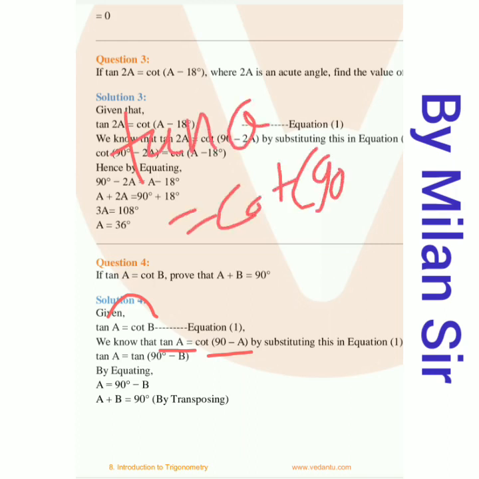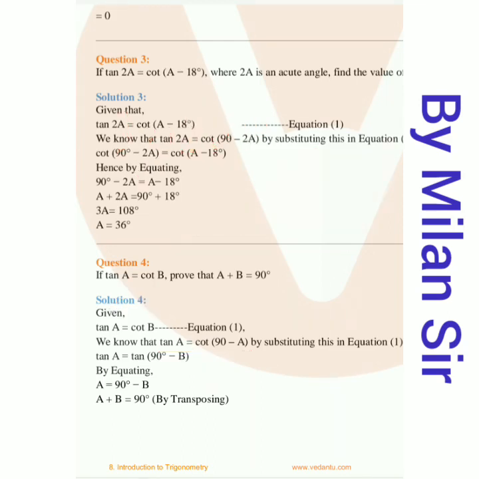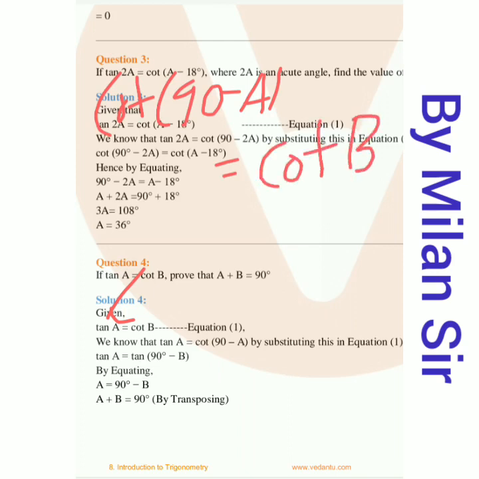So the same thing that we applied in the previous question, same thing we need to apply here. Tan theta is equals to cot 90 minus theta. Here tan a is there, so we can write cot 90 minus a. So in place of tan a, I am writing cot 90 minus a, and my right hand side is as it is, that means cot b.